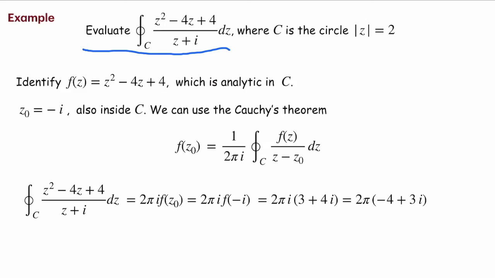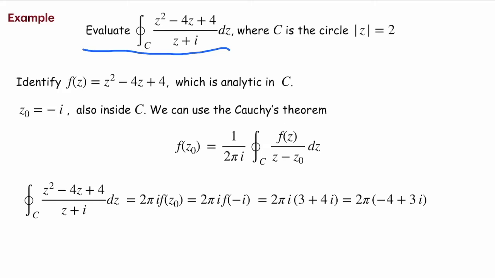Now we can identify the function z square minus 4z plus 4 as f of z, which is analytic inside the contour C. But in the denominator, we have z minus z naught, where z naught is minus I, which is also inside the contour C.